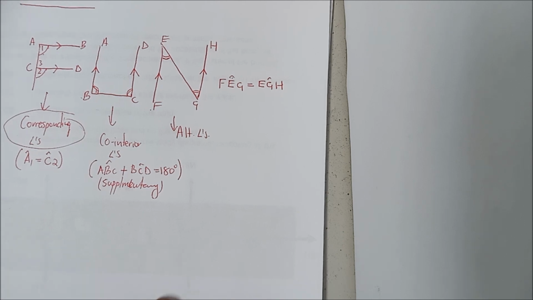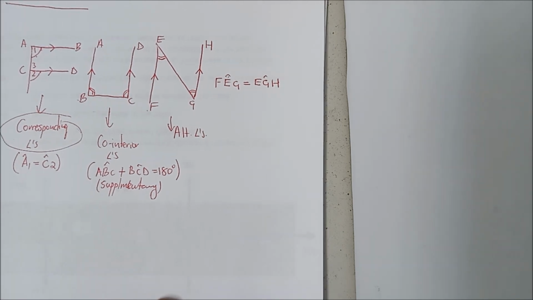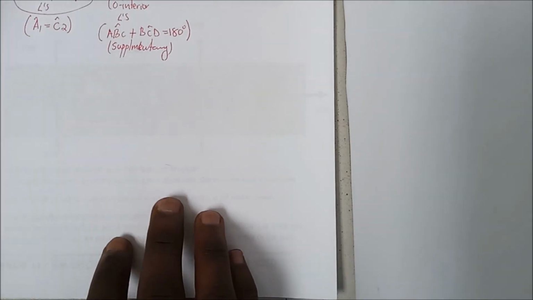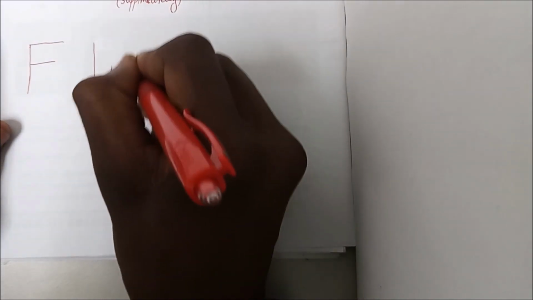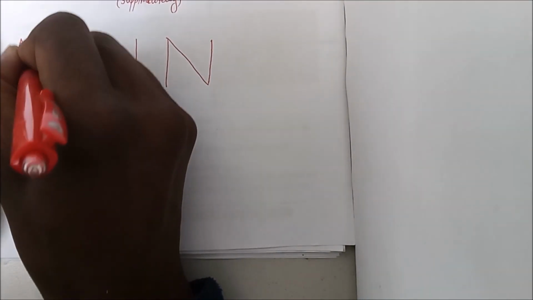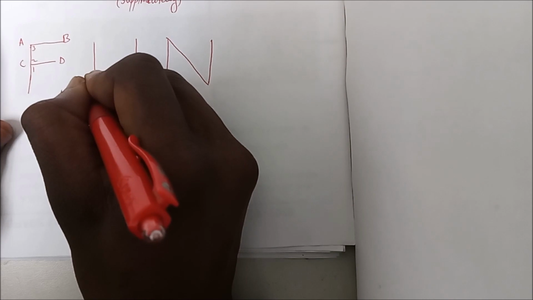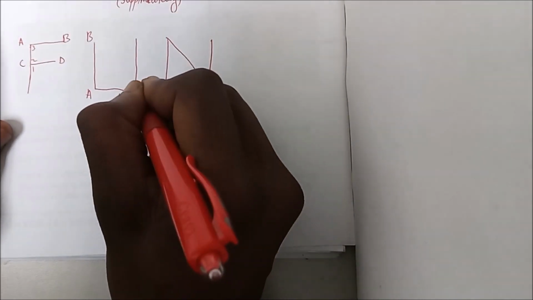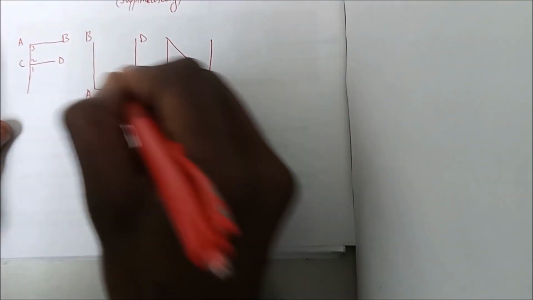So let's go and see the conjecture in Euclidean geometry. So this is F, and then that's U, and then that's N. So that's A, B, C, D, 1, 2, 3. You can just put them randomly, it does not matter.